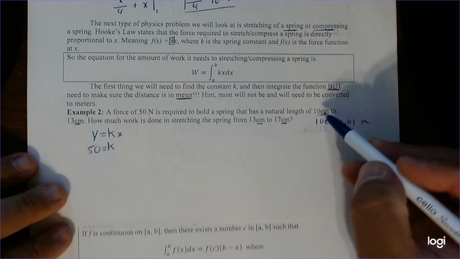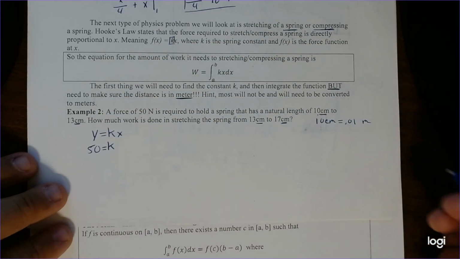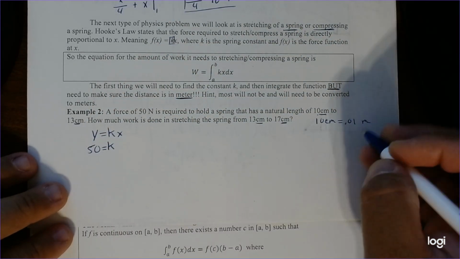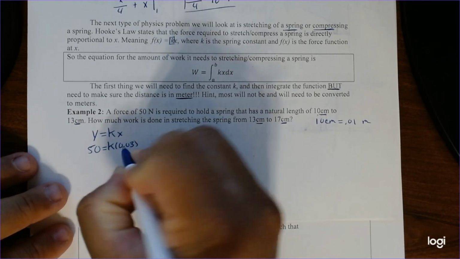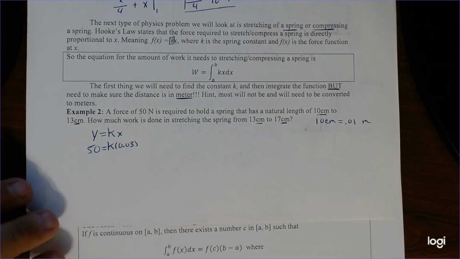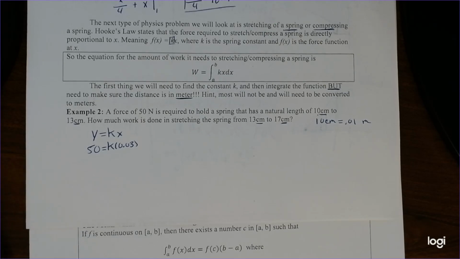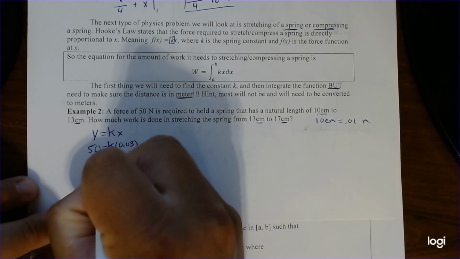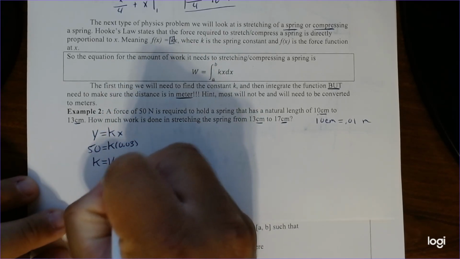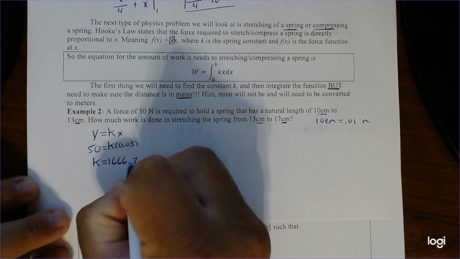The difference between 10 and 13 is 3, so it's going to be 0.03 for our x value. That's how much it is stretched by. Solving for k, we just divide over, and we get k is approximately that.